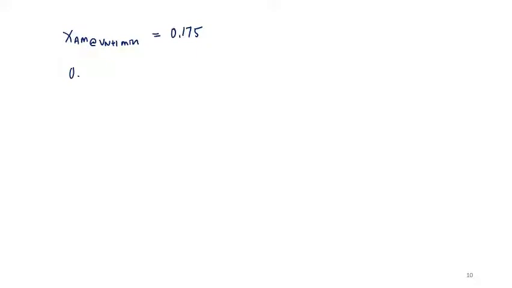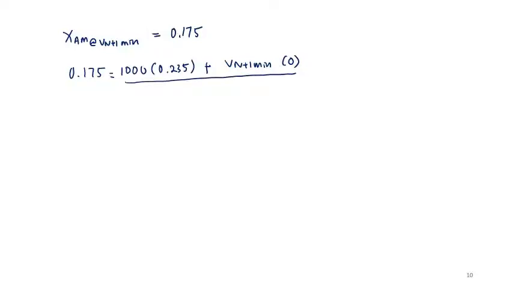So you can calculate the V_{N+1} minimum. 0.175 equals L0, i.e. 1000, times X_A0 0.3235, plus V_{N+1} minimum times 0, because it's pure solvent so there's no A in the pure solvent, over 1000 (L0) plus V_{N+1} minimum. Then you can solve for V_{N+1} minimum. From here you get V_{N+1} minimum equal to 340 kilogram per hour.